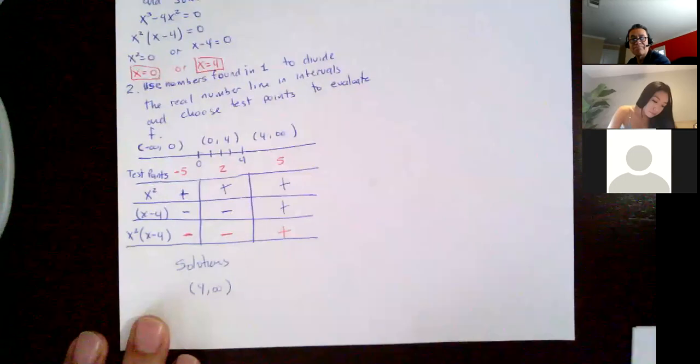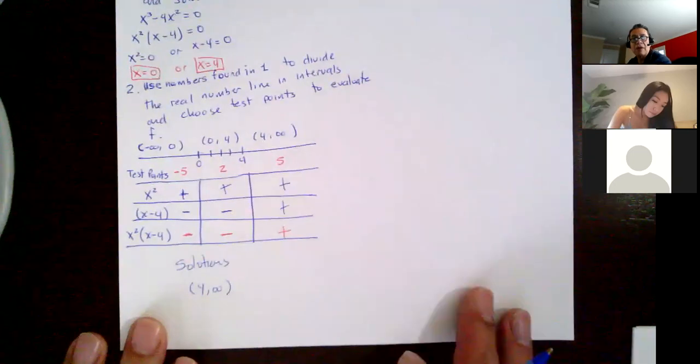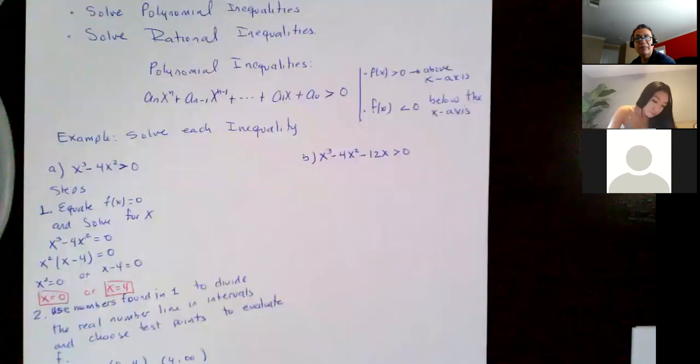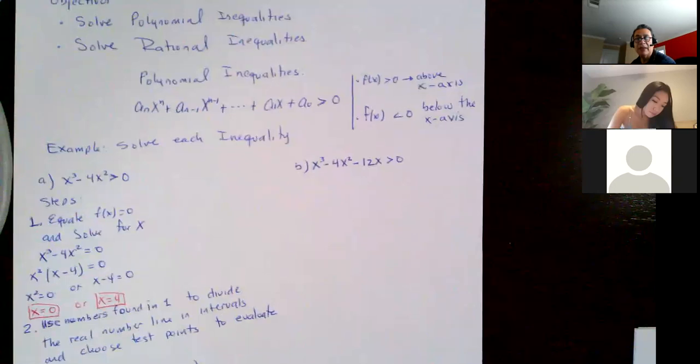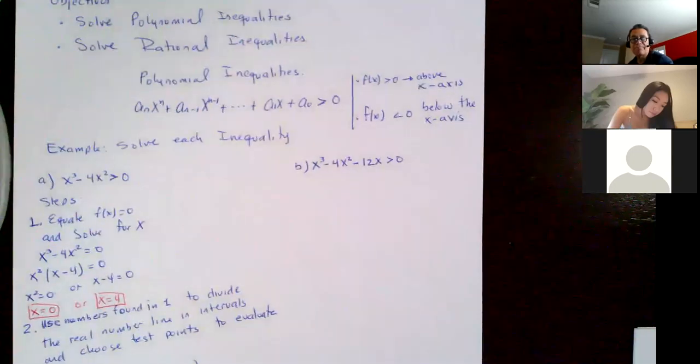Ready? All right. So I'm going to let you try B really quick, okay? So again, let's follow the same steps as we did for A. Let's factor the left side first.